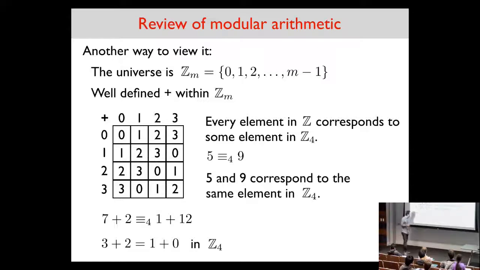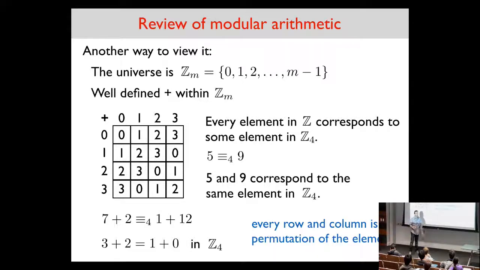And when we write something like 7 plus 2 is mod 4 equivalent to 1 plus 12, we could equivalently write it as 3 plus 2 equals 1 plus 0 in Z4, right? So this plus is with respect to this table here, and the equality is just the equality of the elements in this set.